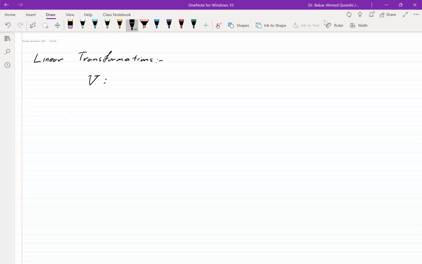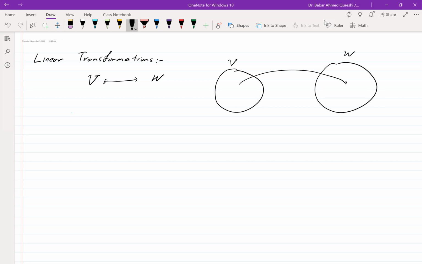So you are taking vectors from a vector space V and mapping them into another vector space W. So you pick the vectors here and map them to some vectors in W. Now this W can be V itself, so you can consider these kinds of maps as well.